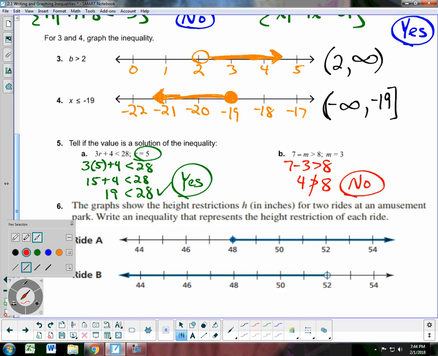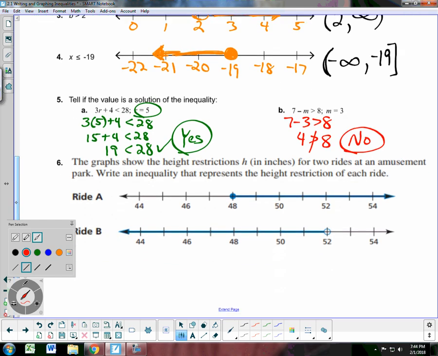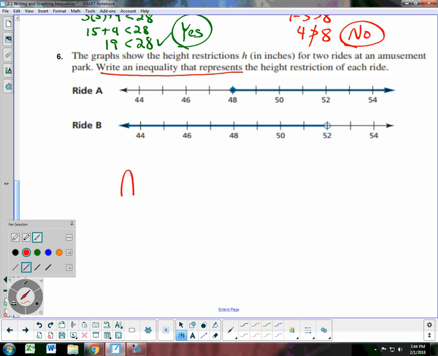All right, and the last ones here, we have ride A and ride B. They are showing the heights that you can be for the ride. We want to write an inequality that represents the height restriction of each ride. So for A, we'll let the letter A represent the height for ride A. It's got a closed circle, and it's going to the right.